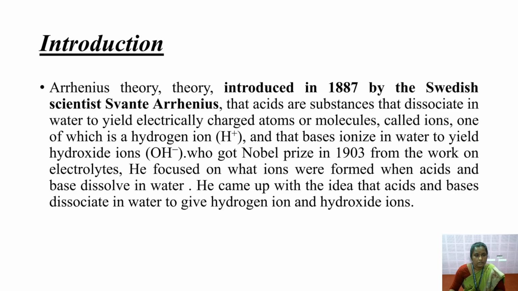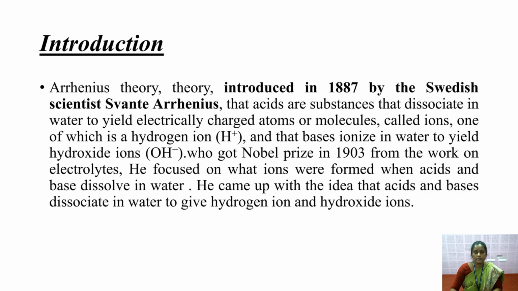So the Arrhenius theory was introduced in 1887 by the Swedish scientist Svante Arrhenius, who proposed that acids are substances that dissociate in water to yield electrically charged atoms or molecules called ions, one of which is a hydrogen ion, H+.